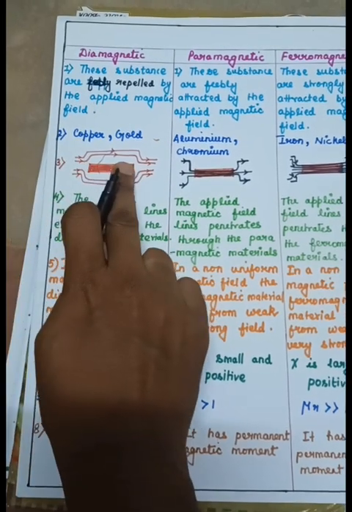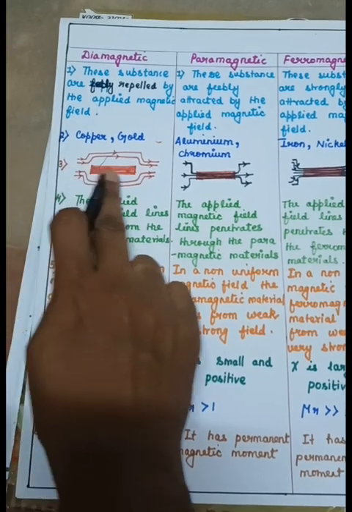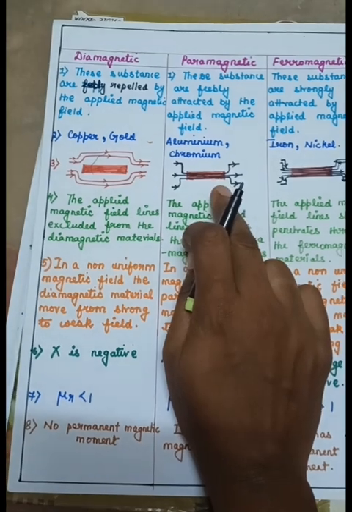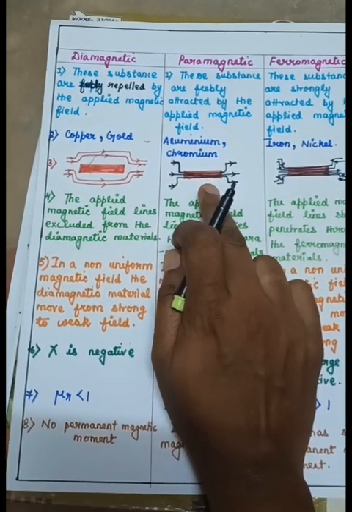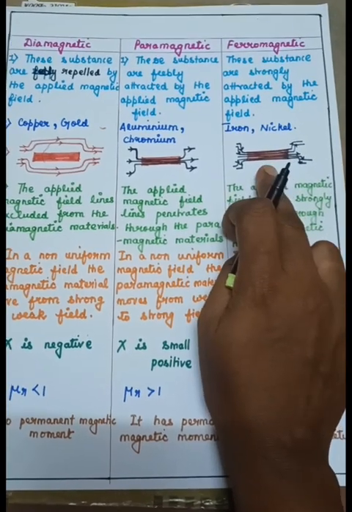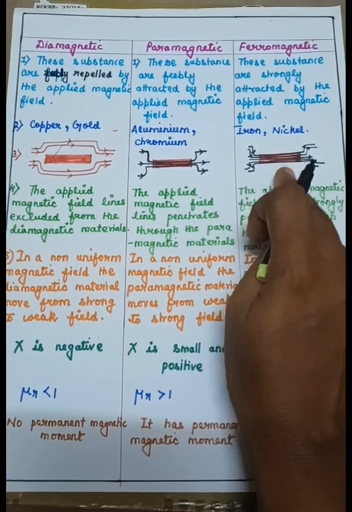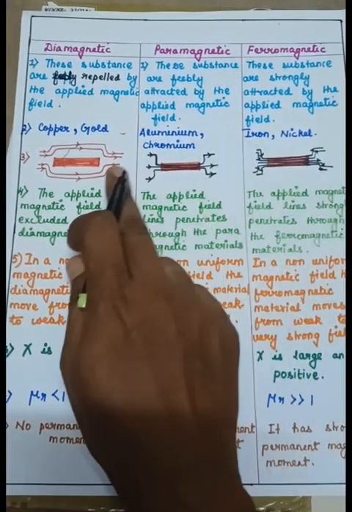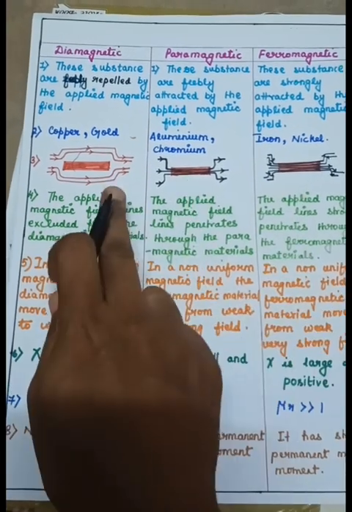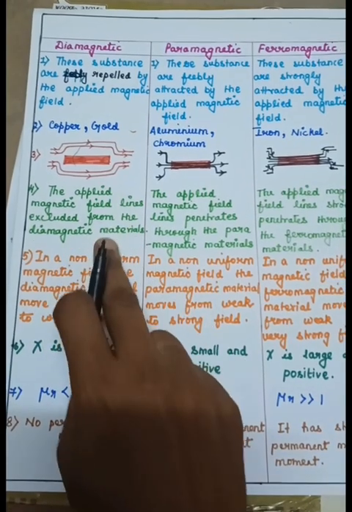So no magnetic field lines of the applied field can penetrate through it, whereas paramagnetic material will allow some of the field lines to penetrate through it, and ferromagnetic material will allow the maximum number of magnetic field lines to penetrate through it. So that is the difference between dia, para and ferro when they are placed in a magnetic field. That was explained here also.